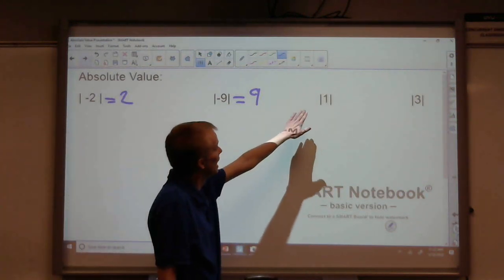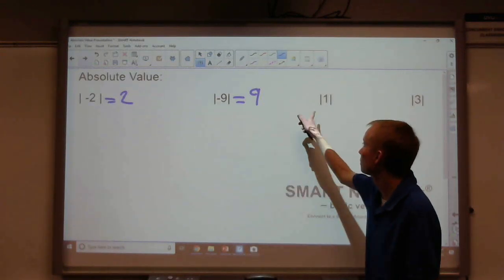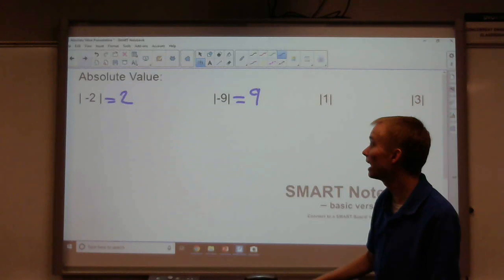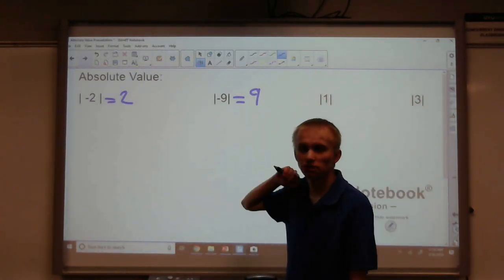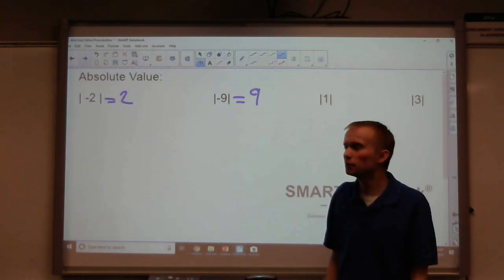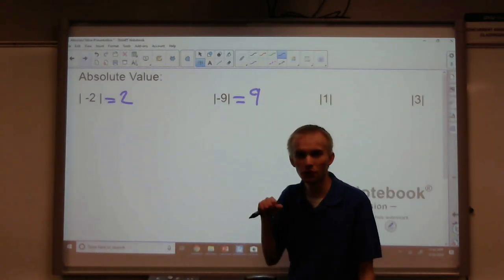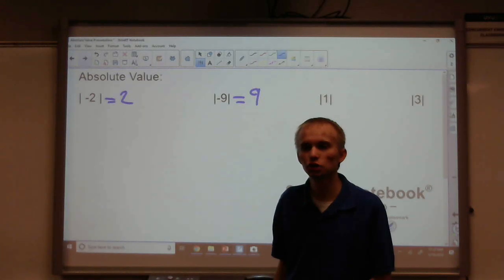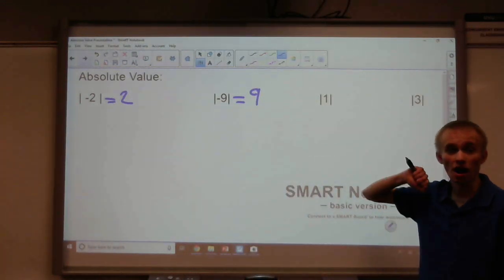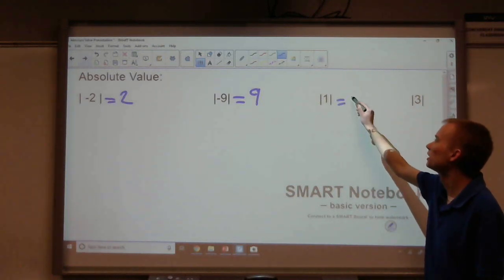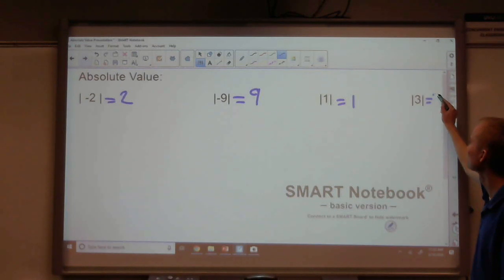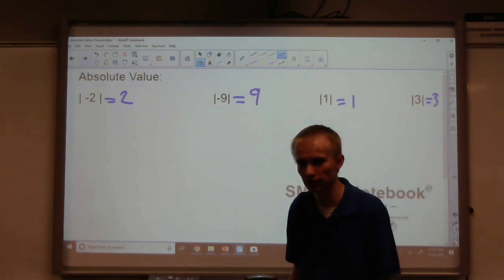But then you may ask, what am I going to do with my positive numbers? Well, I'm just going to leave them the same. The idea of this absolute value function is sometimes I don't want to deal with negative numbers, and so this absolute value function just makes everything positive, okay? If it's already positive, it's just going to leave it alone, okay? And then absolute value of 3 would just still be +3, okay?